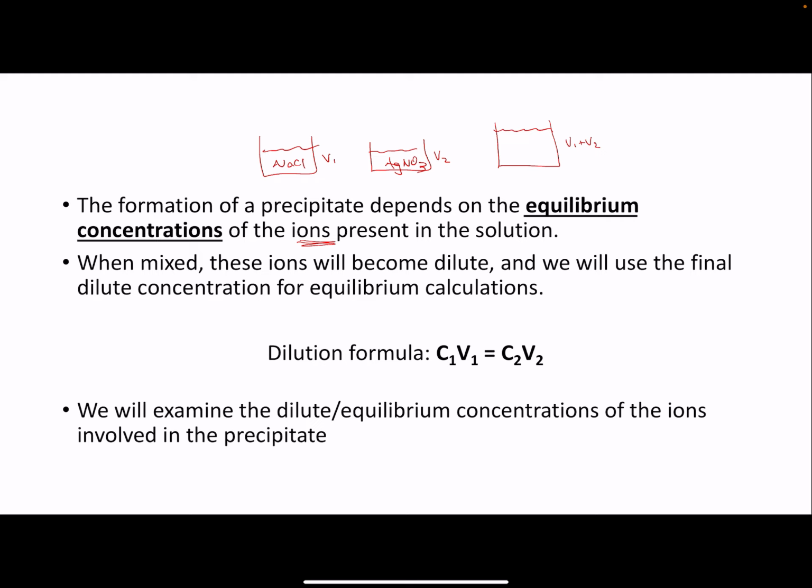Now, we'll do an example of this recalling C1V1 equals C2V2. And the principle of this, the background theory as a quick review, is that the number of moles don't change. So the moles of the concentrated solution are equal to the moles of the dilute solution.